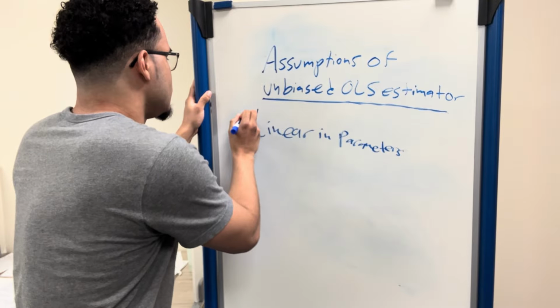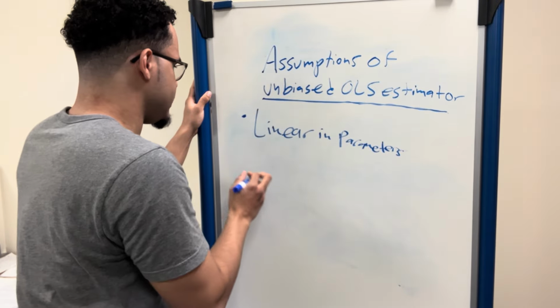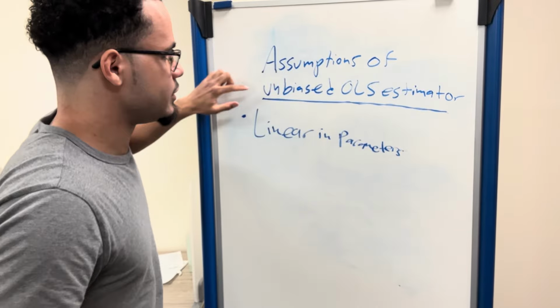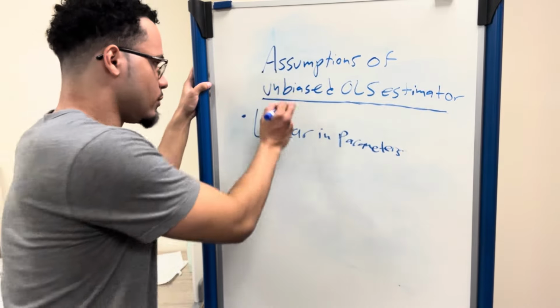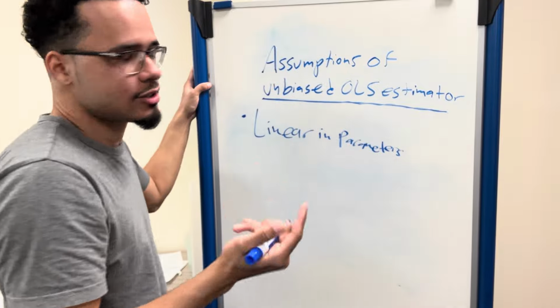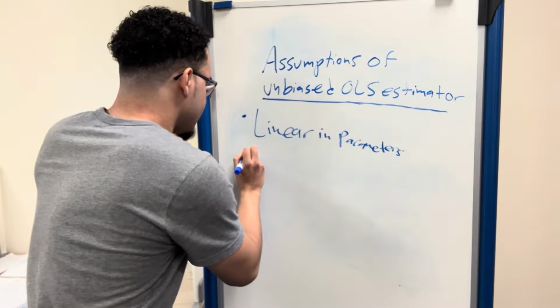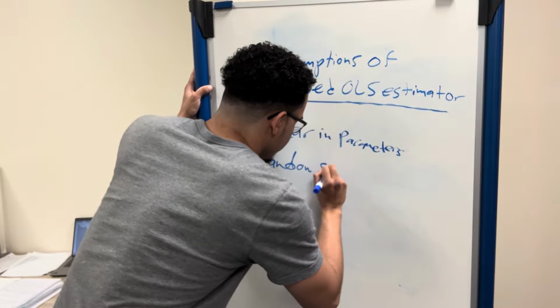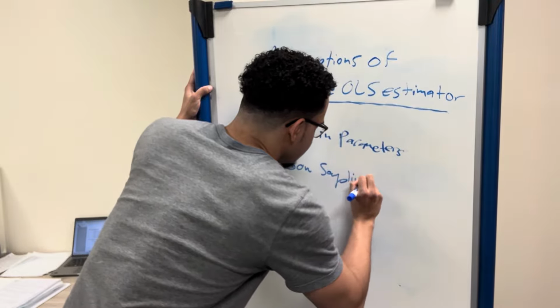If these parameters are linear, it makes it much easier to establish that the OLS estimator is unbiased, because that's what we're doing: assumptions of the unbiased OLS estimate. So linear parameters. We also want to assume that it operates off of random sampling.